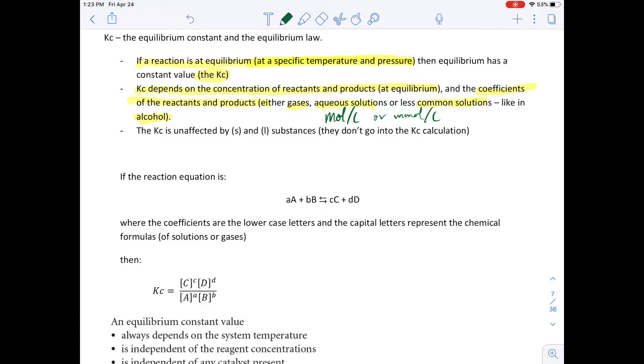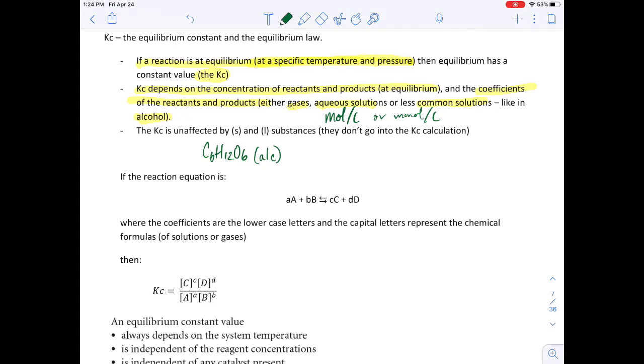And when we would write it, let's say that we were to dissolve sugar in water, it'd be written like this. That's an aqueous solution. But if we instead dissolve that sugar in alcohol, it would be alc for alcohol.